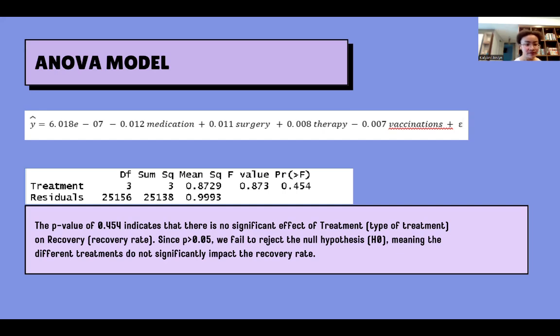And for the residuals, the sum of squares is 25,138, and the mean square is 0.999. So the p-value of 0.454 indicates that there is no significant effect of treatment on recovery. Since the p-value is larger than the alpha of 0.05, we fail to reject the null hypothesis, meaning the different treatments do not significantly impact the recovery rate.